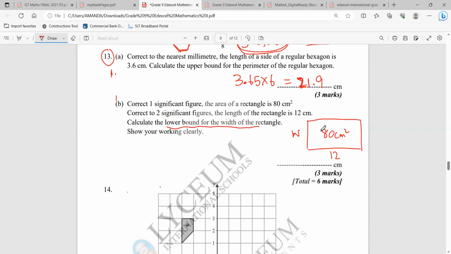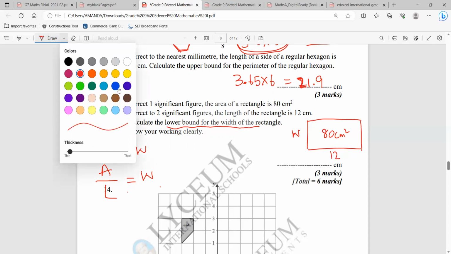Area equals length times width, so width is area divided by length. Here, however, it's not a simple calculation. They're asking us for the lower bound of the width.